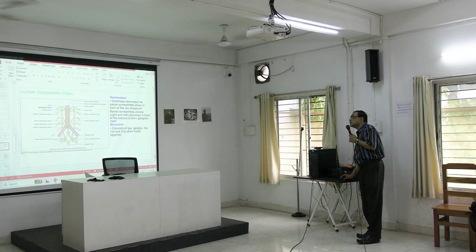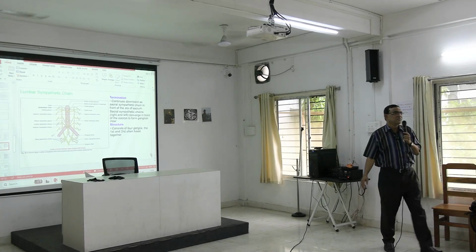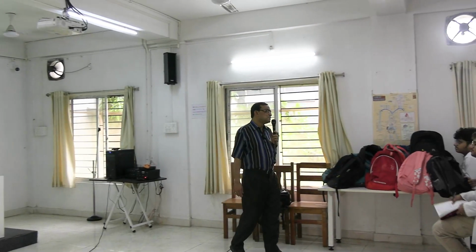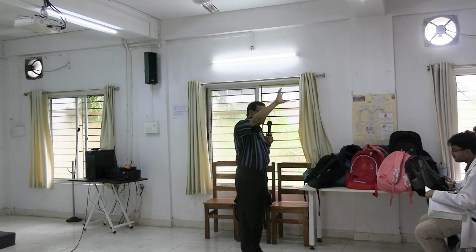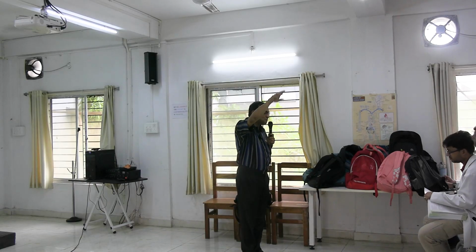The lumbar sympathetic chain, you just have an idea. We have seen the three arteries, celiac trunk, superior mesenteric artery, inferior mesenteric artery. So we can get the nerve plexus around the celiac trunk, the celiac plexus.